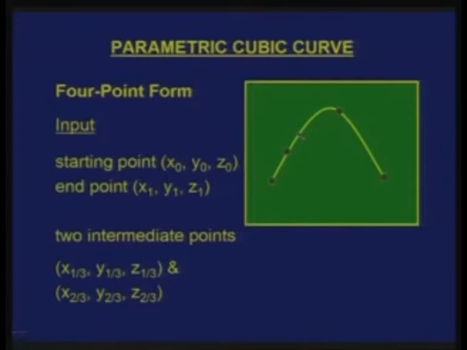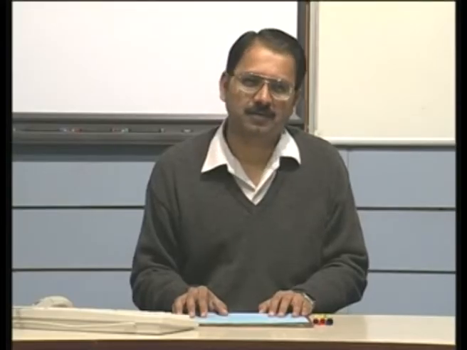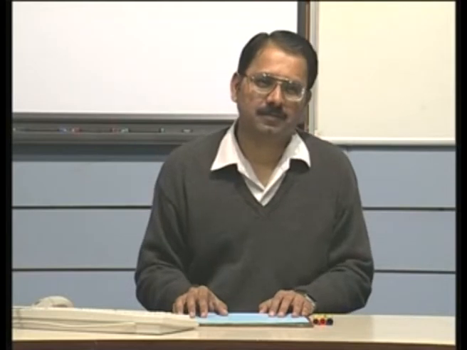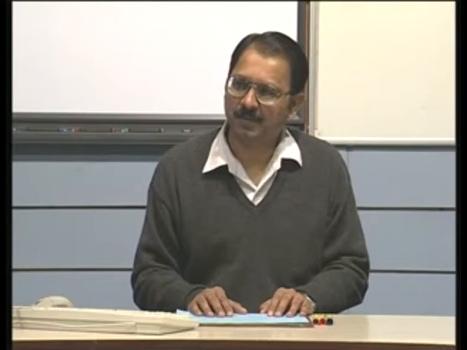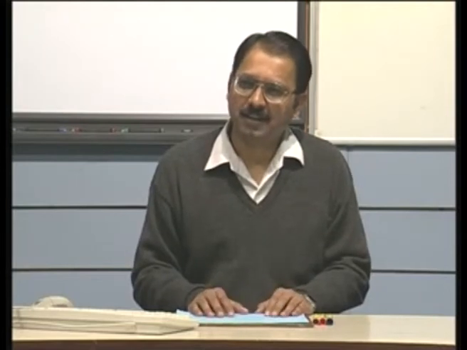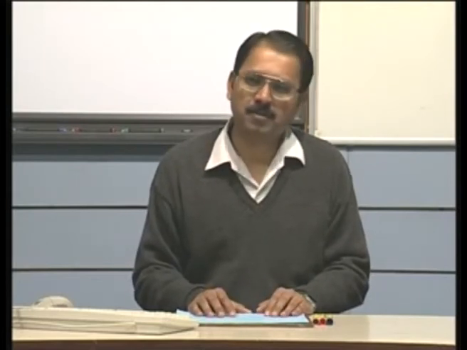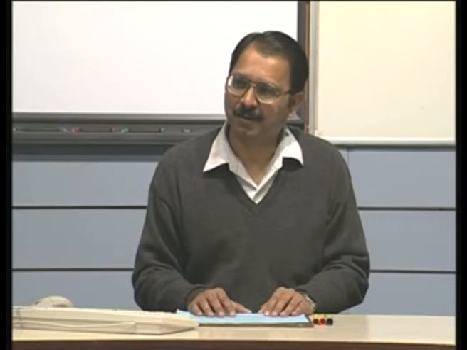Now, let us say given a set of 4 points, do I get a unique cubic curve? Is the curve unique, or do we have multiple curves which are possible for a given set of 4 points?